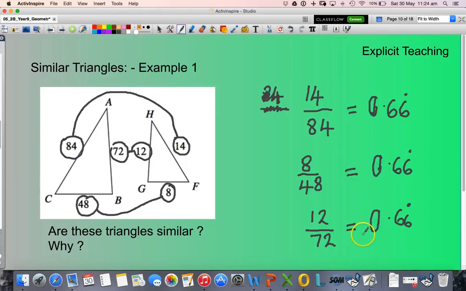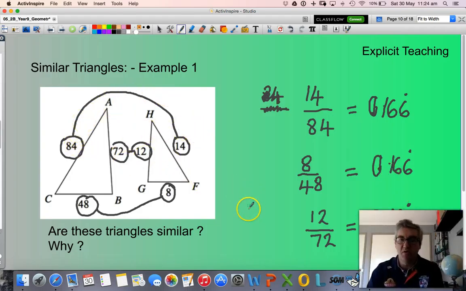So if I multiply each one of these by 0.166, you would notice that I have the same factor and the maths actually works for each one of those. So my apologies. You can see what I've done. Hopefully that makes sense to you.